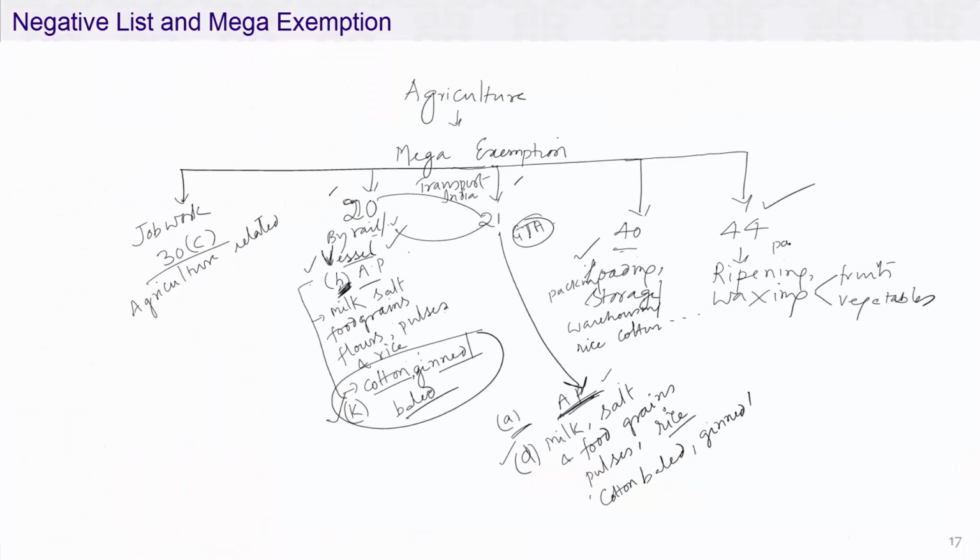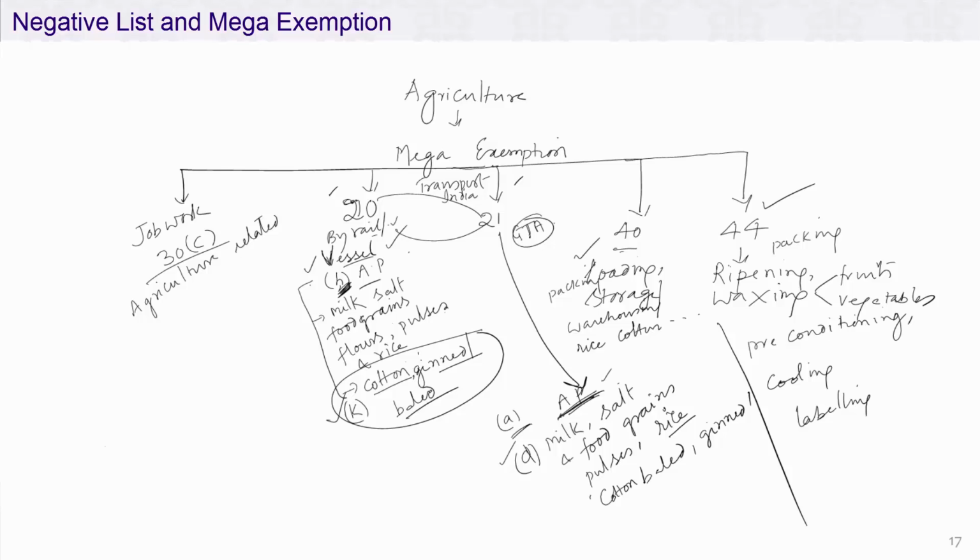vegetables, their packing, retail pack, they may be put in a retail pack, and ripening, and waxing, and they say preconditioning, pre-cooling, ripening, waxing, retail packing, labeling of what?